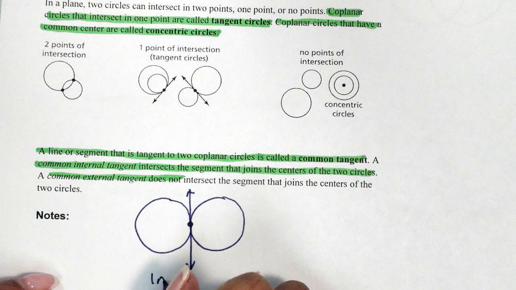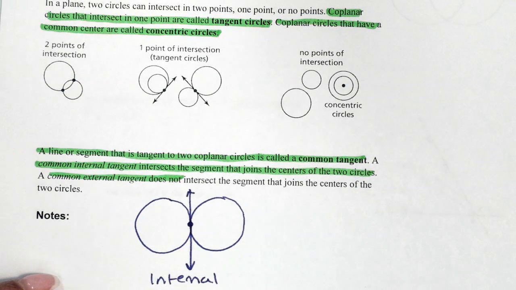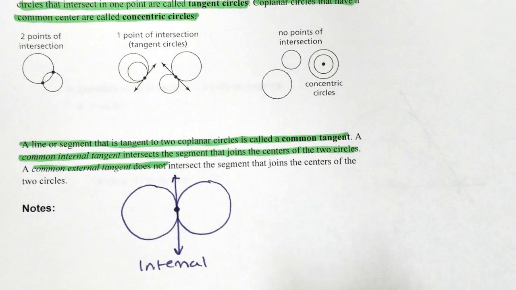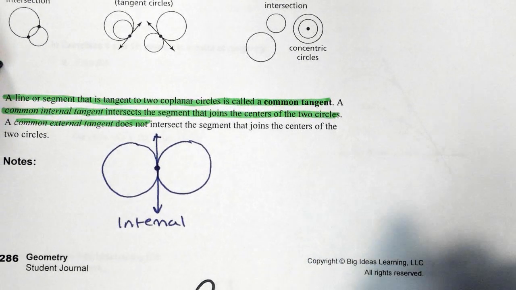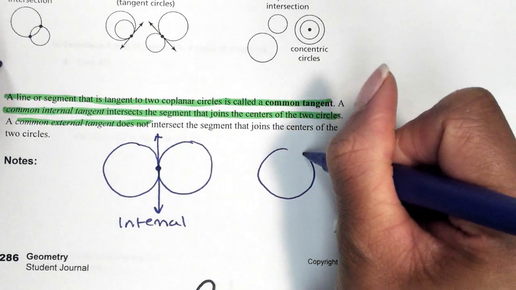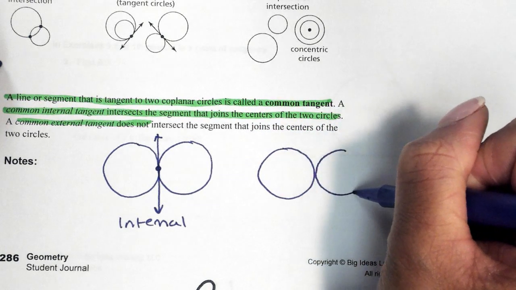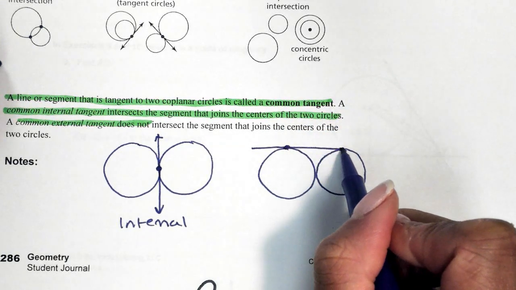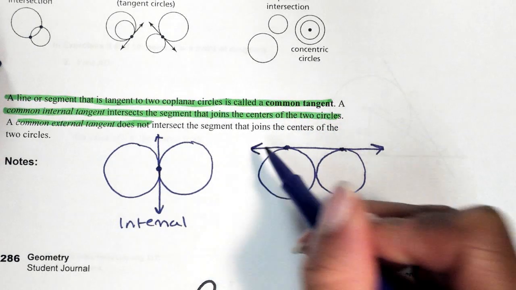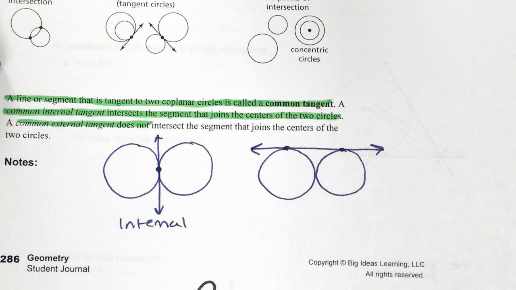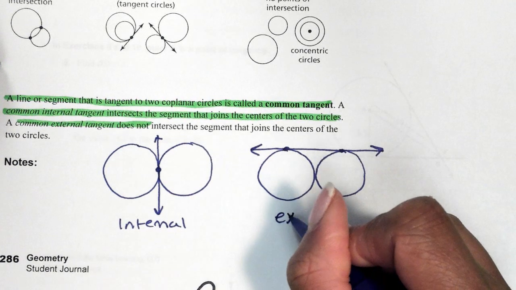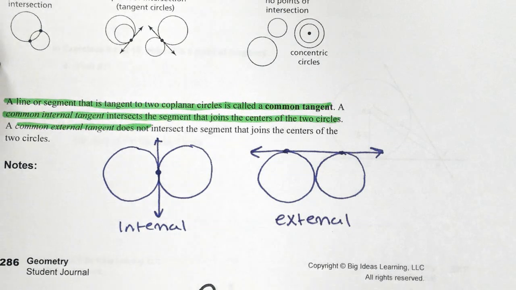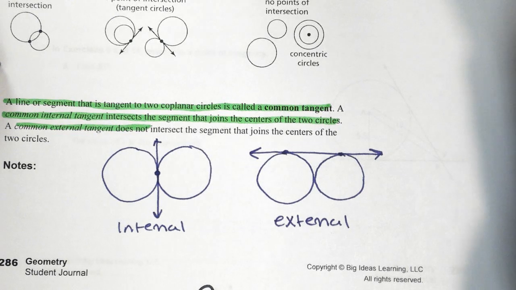So this would be an internal tangent line. If I wanted external, this would be external. So the internal and then external. We will also see more of these in our examples. So let's go on to our next page for extra practice.